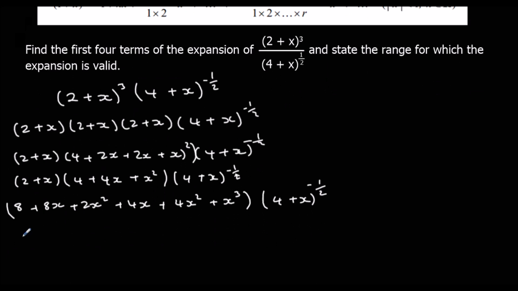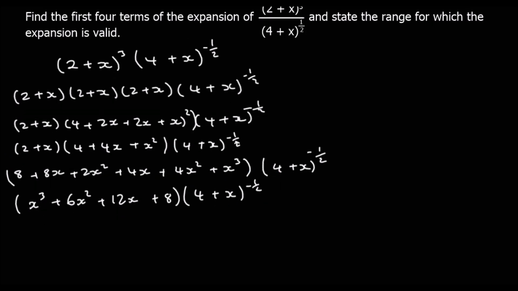And collecting like terms, so I've got 1x cubed. I've got 2x squareds and 4x squareds, so I've got 6x squareds. I've got 8x and 4x, which gives me 12x, and I've got an 8. So my first expansion is done.